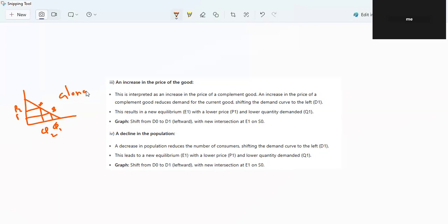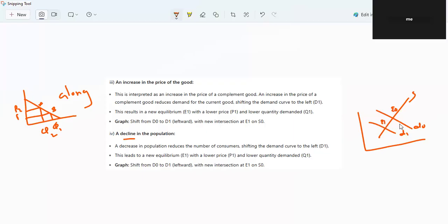But what happens if there's a decline in population? A decline will cause a shift to the left. So demand will shrink from D0 to D1. You just need to understand the concept that supply is always upsloping. So the equilibrium will move from the original equilibrium, whenever you put zero it means original, to the next equilibrium.